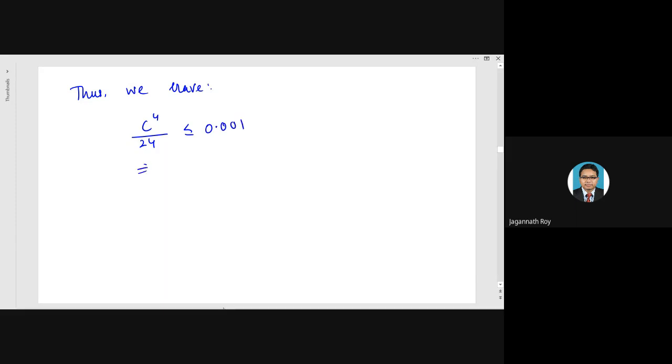So from here you will find out C to the power 4 is less than or equal to 0.024. From here you get C equals 0.3936. Okay.